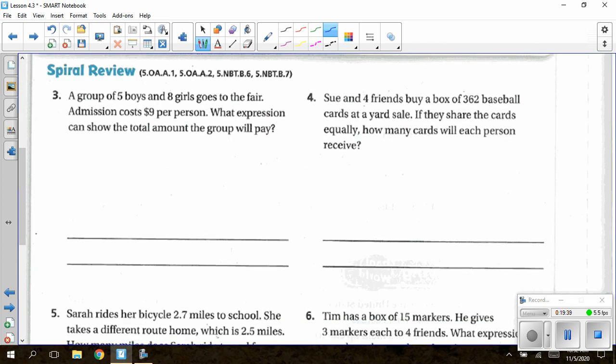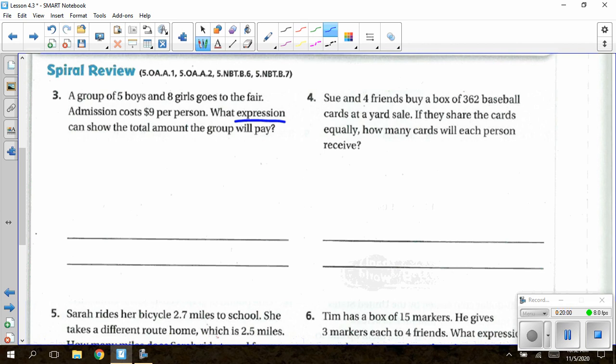For question number 3, a group of 5 boys and 8 girls goes to the fair. Admission costs $9 per person. What expression can show the total amount the group will pay? So they are asking for the expression, so we are not solving this. And it really doesn't matter who is going, whether it's boys or girls.